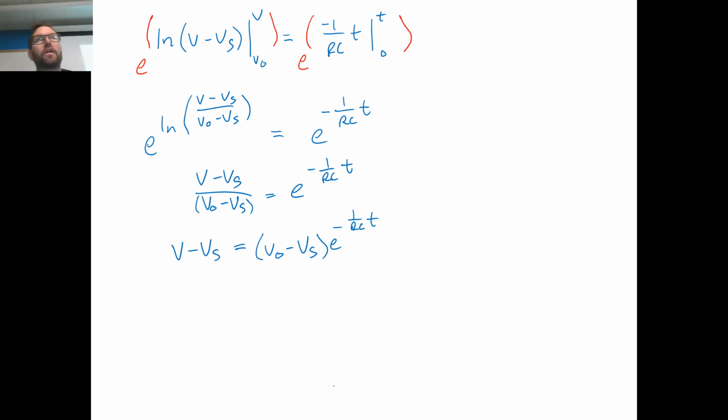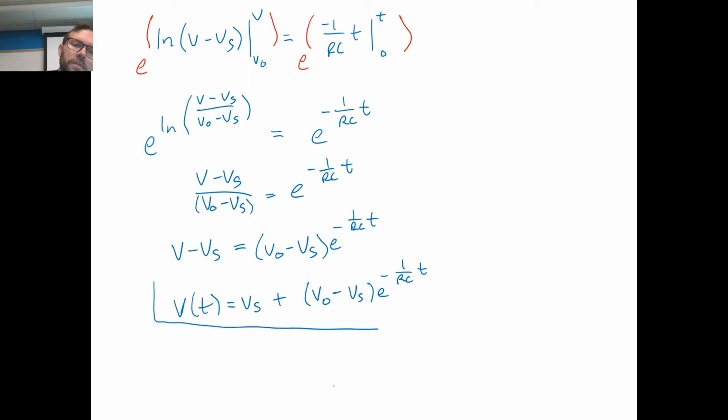And finally, we can solve for V, which is what we want to find. V of t is equal to Vs plus V naught minus Vs, all times e to the minus 1 over RC times t. Okay, that's our final formula.